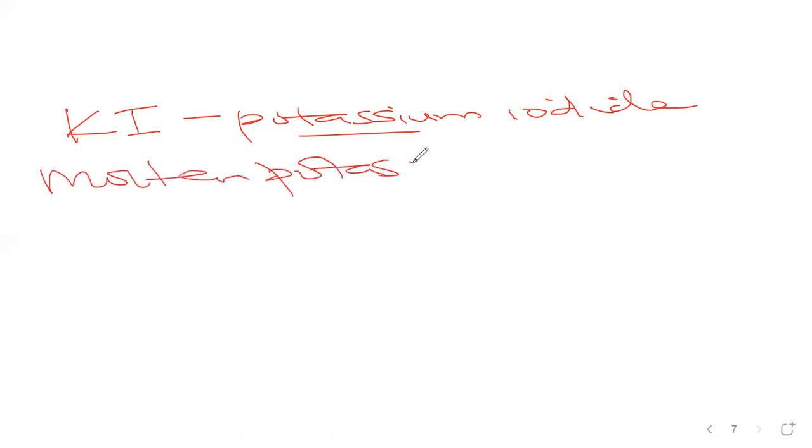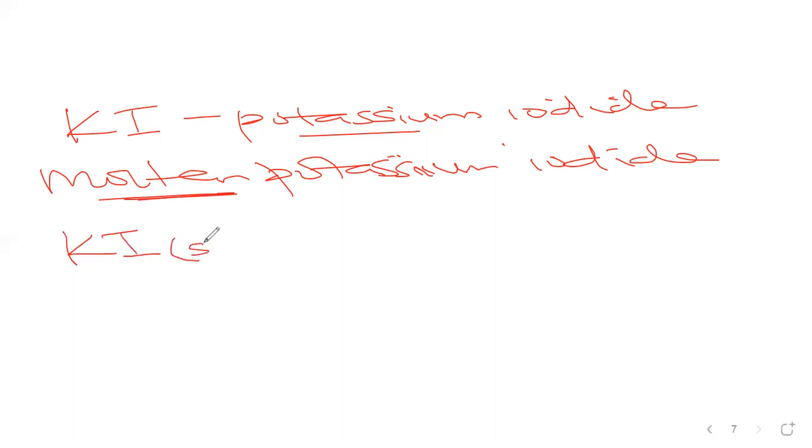can also conduct electricity. How does it become molten? It becomes molten on heating. So molten potassium iodide conducts electricity due to free mobile potassium and iodide ions. Now, since we are using the word molten, here I don't expect anything like aqueous.